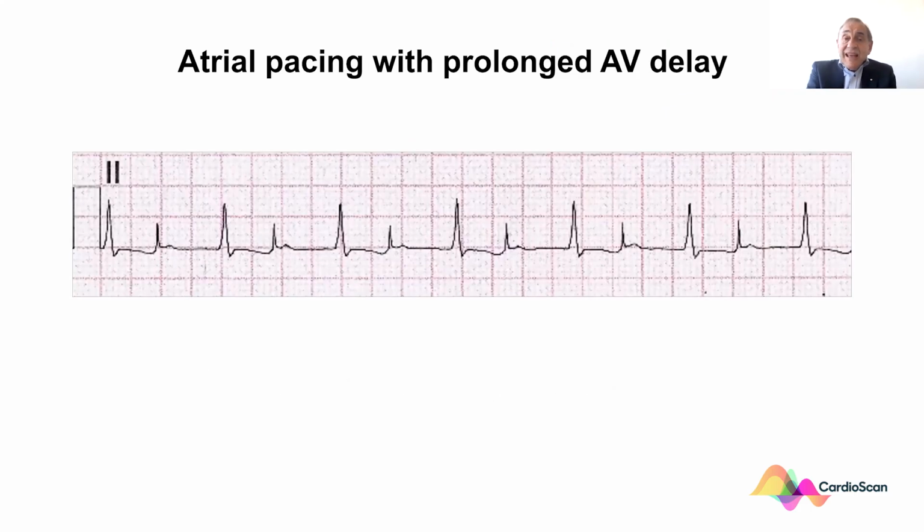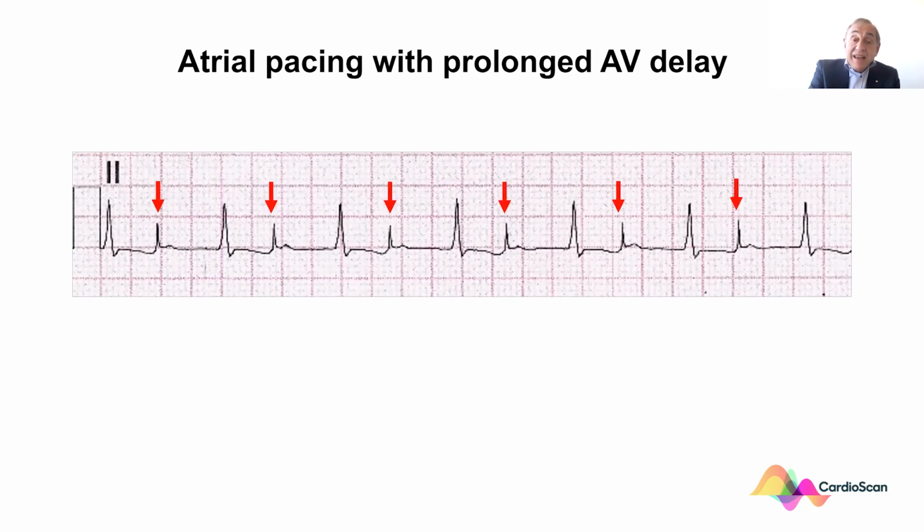The other concern is the prolonged AV delay. This is often done in order to encourage conduction to occur from the atrium to the ventricle in a normal manner. But as you can see here, the AV delay is approximately 400 milliseconds. It's long. And even at rest, one can see that the stimulus artifact occurs within the T wave of the previous beat.